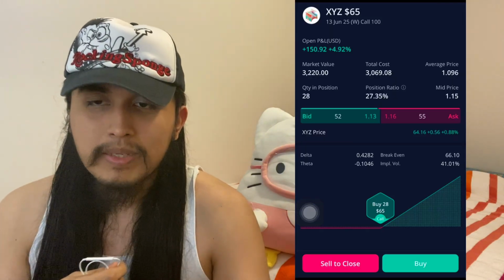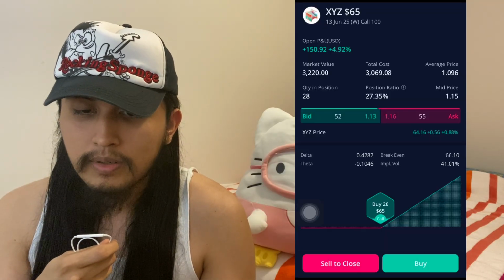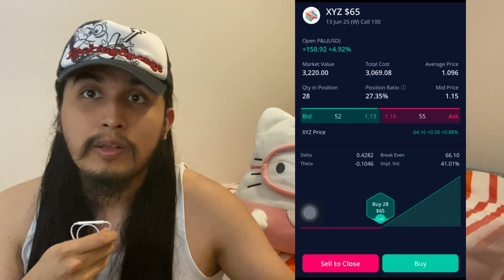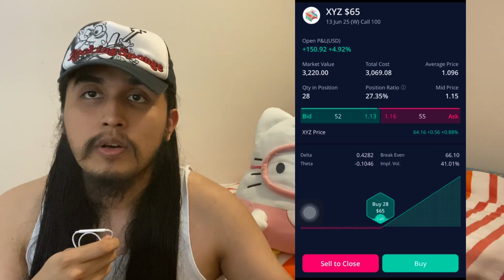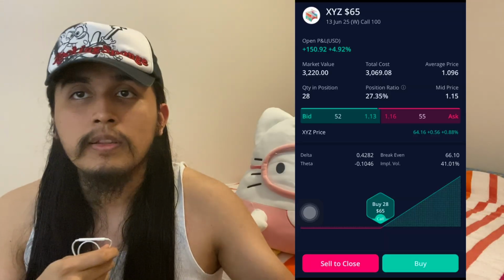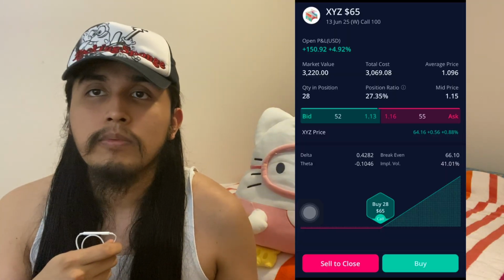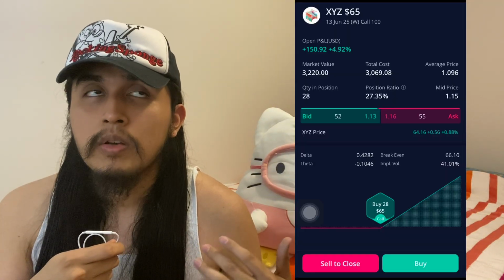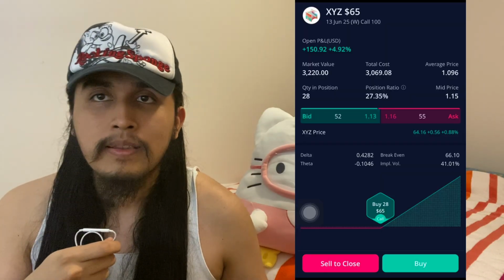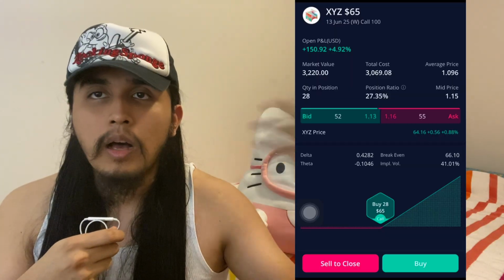The percentage target I reached for this trade was 4.92%. Basically I mentalized that if it's close to my percent target of 5%, I'm just going to move out of the position, move on to the next trade, and keep it simple. If my position is down 5 or 10%, I'll cut my losses once it reaches those thresholds and move on to the next trade.